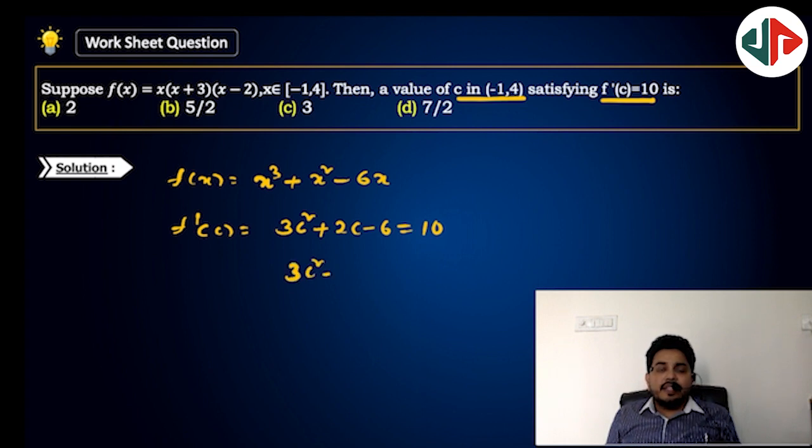So 3c square plus 2c minus 16 is equal to 0.